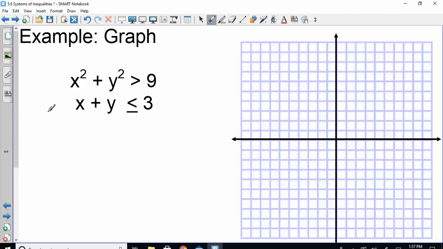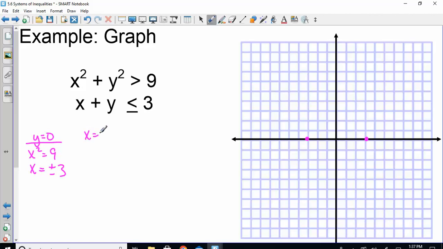So if you didn't know, like somebody mentioned the cover-up method earlier. If I covered up my y, if y is 0, what would x be? So when y is 0, you would have x squared equals 9. So what's x? 3. So that really gave me 2 points. When my y is 0, x could be 3 or -3.